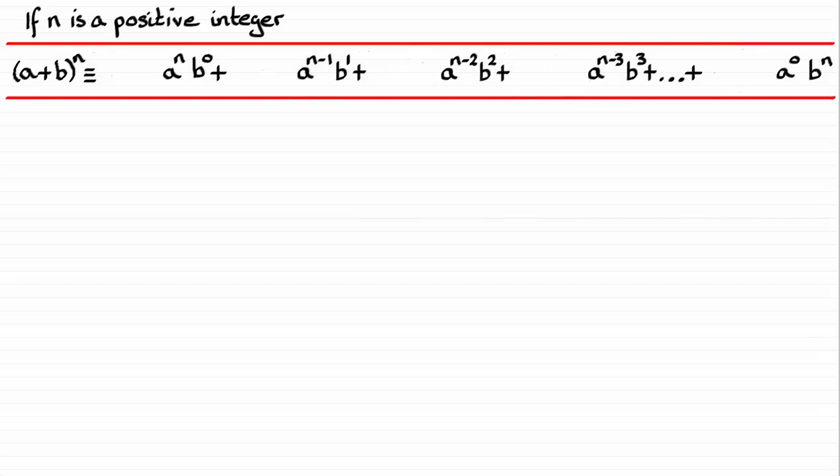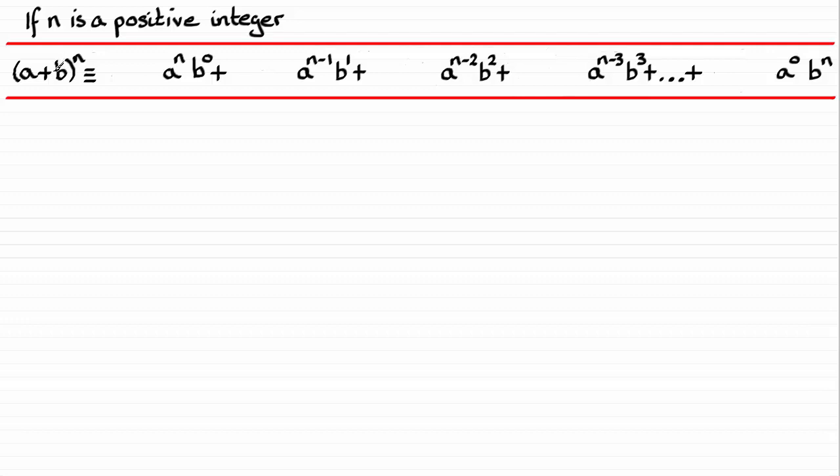Well, that brings us now to the end of the binomial expansion, and I just want to summarize what we have been through. We saw that if n was a positive integer, then when it came to expanding a plus b all to the power n, it was identical to these terms here and more, which I'll explain in a moment, where we took a, wrote it down as a to the power n, and then it went down in descending powers in each term, all the way down to a to the power 0.